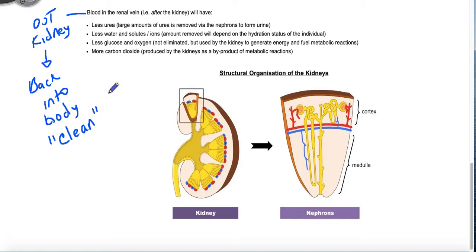Blood that's been removed of all the nitrogenous wastes, is going to have less urea, because large amounts of urea have been removed via the nephron and are now in the urine on the way out of your body. They're also going to have less water and solutes, but the amount of water that gets removed depends on the individual and the level of hydration.